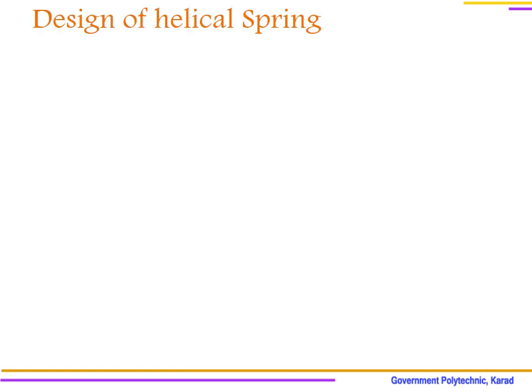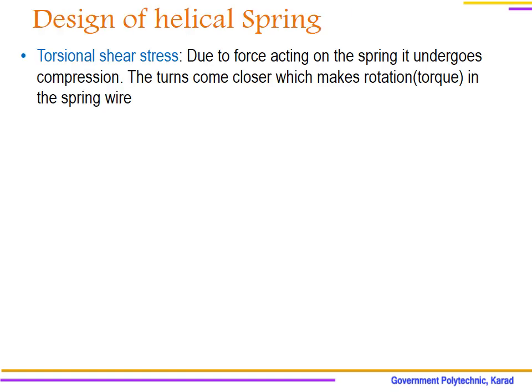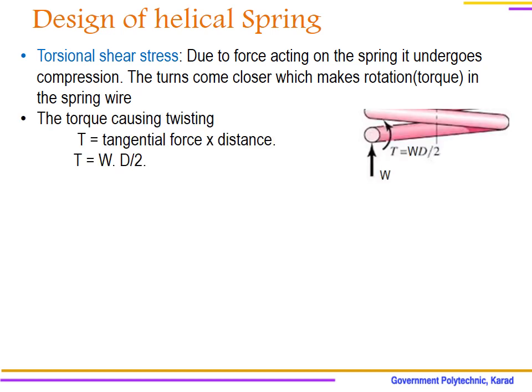So spring design for torsional shear failure is also needed. The same force which is causing the direct shear is causing this torsional shear in a spring, and we will first of all find how much is the torque which causes this shear. Shown in the diagram is one turn of a spring.